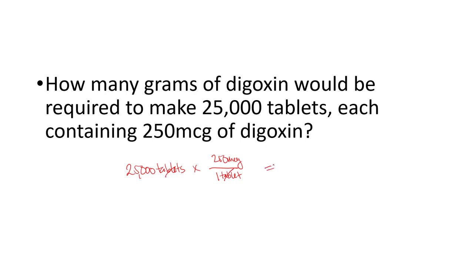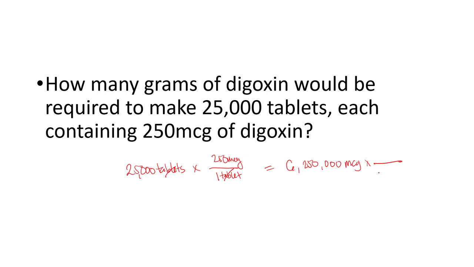How many micrograms do we need? 250 times 25,000, you have 6,250,000 micrograms. And we need to convert it into grams.